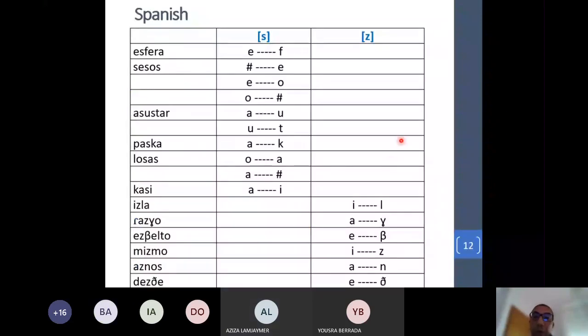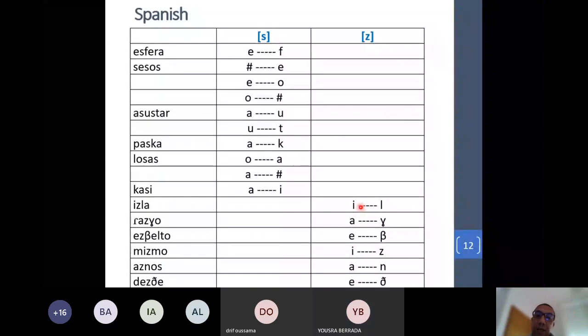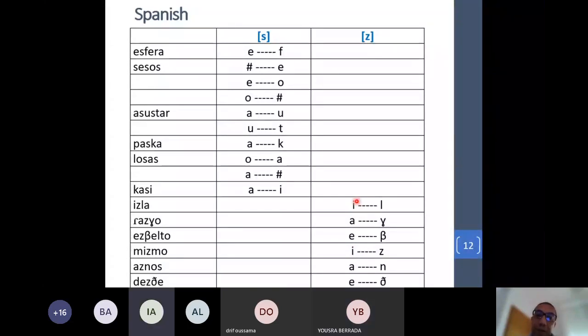Now, what would you tell me about the distribution of these two variants? If you look at the left environment, is it the same or not? It seems that the left environment is similar.